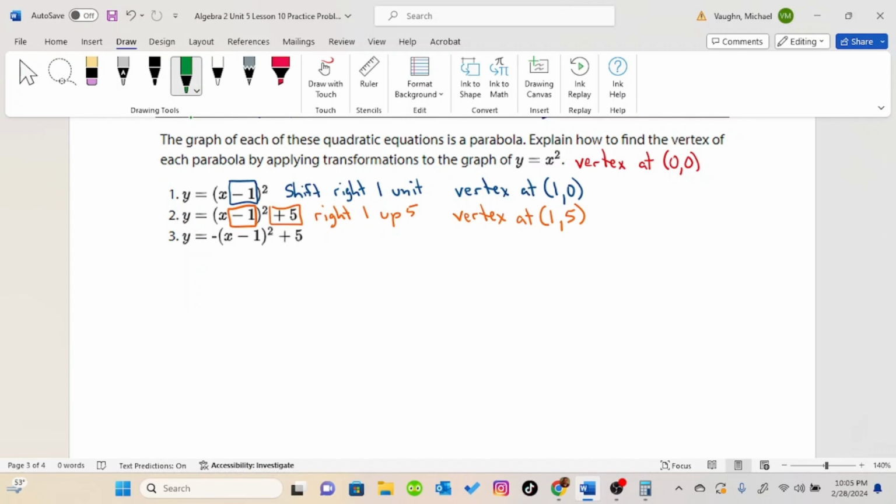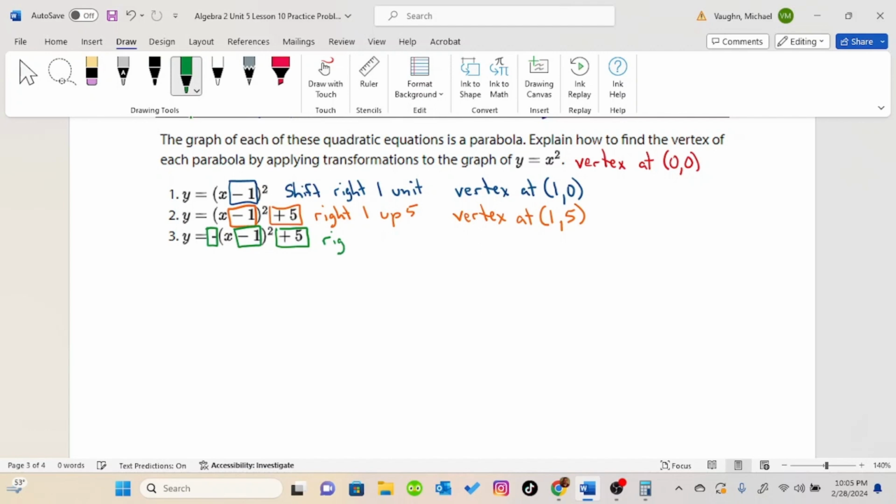And for number 3, we still have the -1 in parentheses. We're still adding 5 outside the parentheses, but now we've also put a minus sign in front of the parentheses.